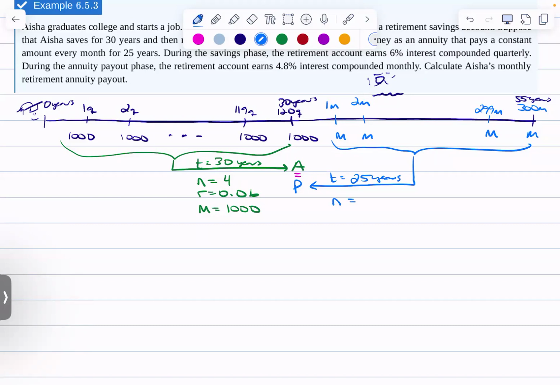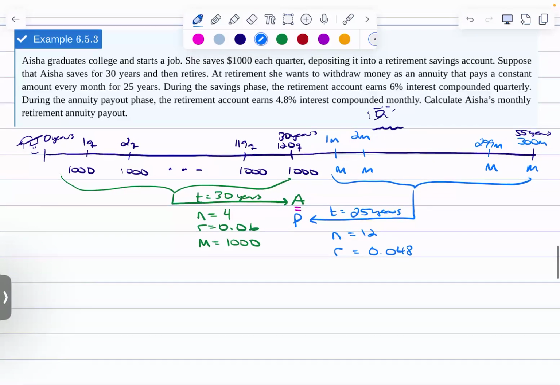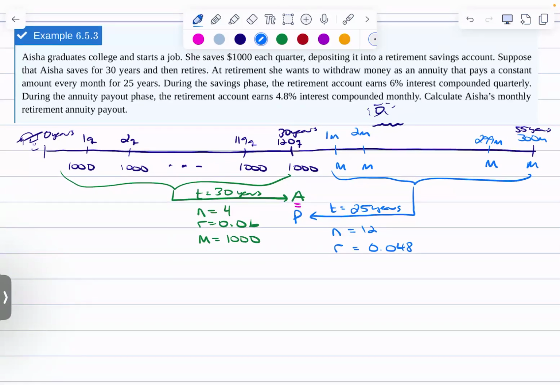N, in this case, is 12 times per year. The rate, this is where we need to keep track of the different rates and the different compoundings. And so the rate is 0.048. And that's all we need. And then we're trying to solve for M.